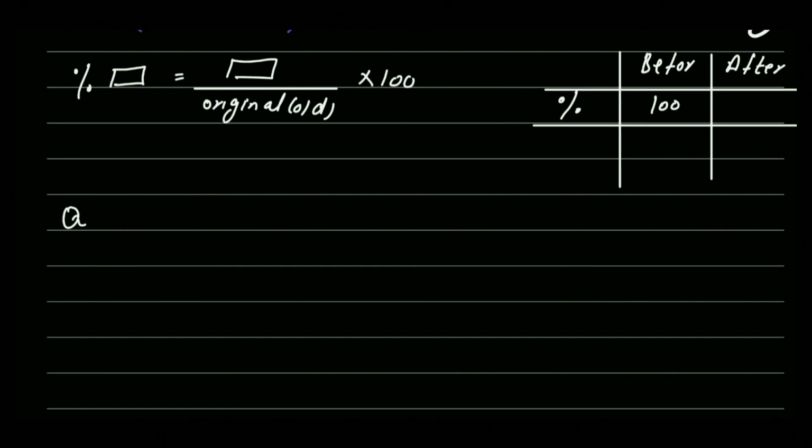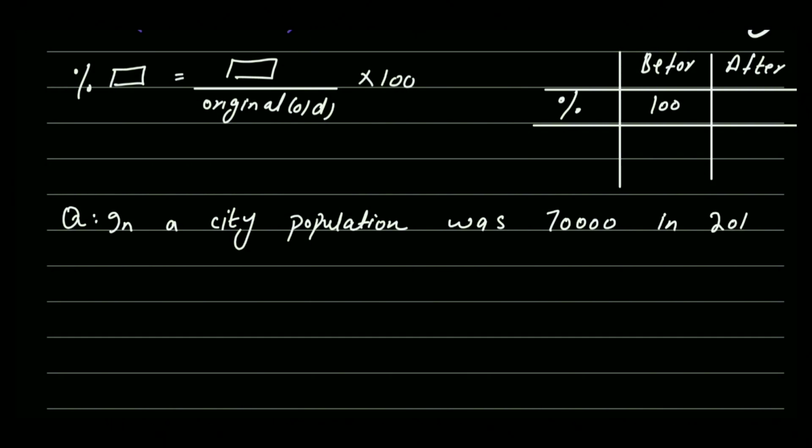The question is: in a city, the population was 70,000 in 2011.